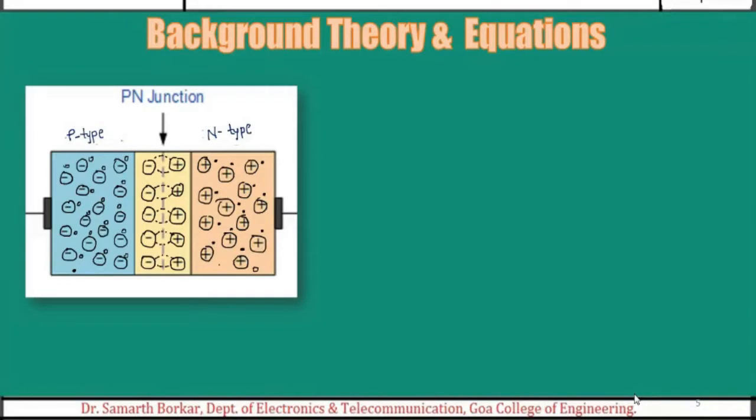Now, the most important characteristic of a PN junction is its ability to conduct current in only one direction, and it restrains the flow of current in the opposite direction. That means it offers a very high resistance in the opposite direction. So accordingly, we are going to have three cases here.